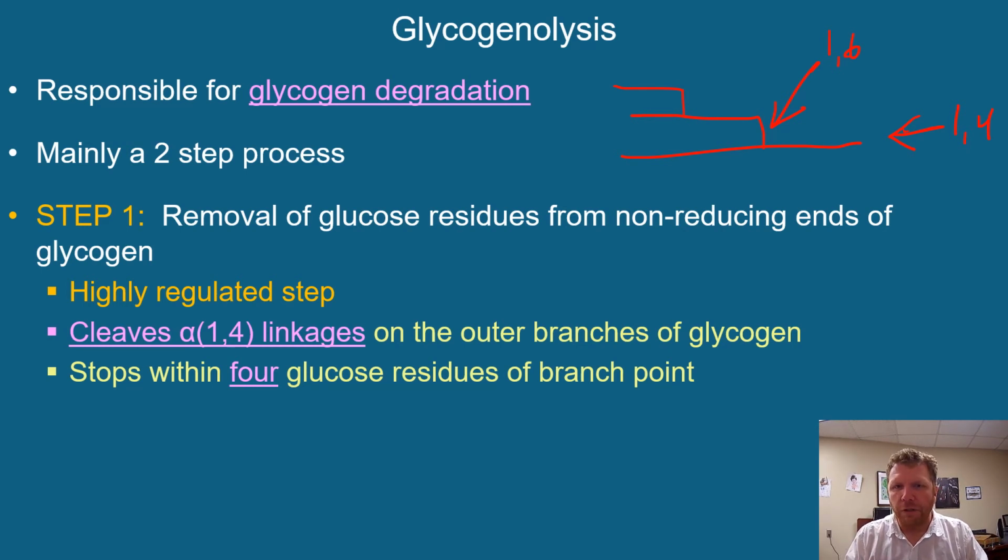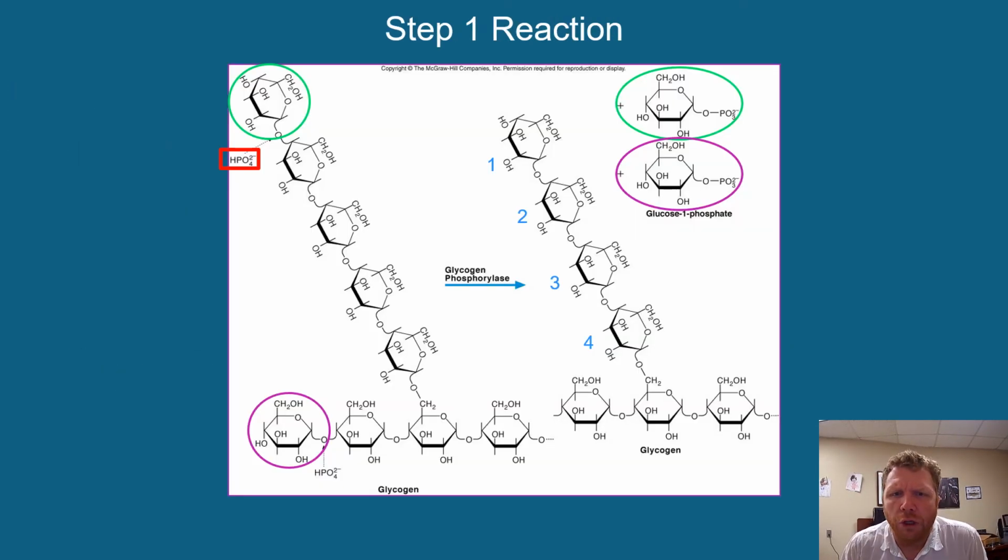So the first step is that you're going to cleave off glucose molecules, but the enzymes involved in cleaving off those glucose molecules are going to sense, more or less, where a 1,6 branch point is, and they're going to stop within 4 glucose residues of that branch point. This is illustrated in the next image. What this shows us is our first reaction.